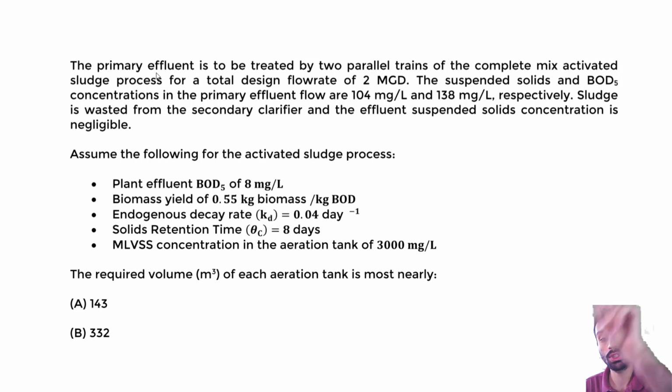The solids retention time, theta sub C, is 8 days. And the MLSS concentration in the aeration tank is 3000 milligram per liter. So we're given all these properties as well.